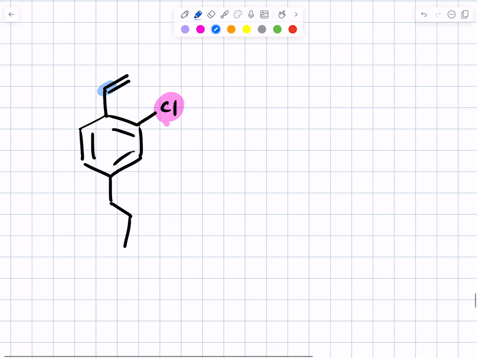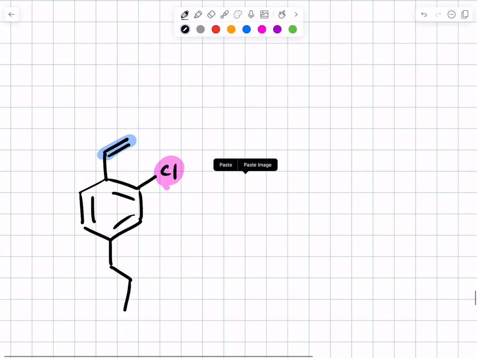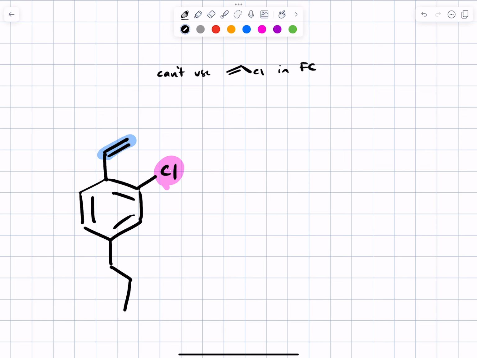For example, looking at that alkene, I'm going to remind myself that I can't use the vinyl halide in a Friedel-Crafts reaction as the electrophile. So there's no way to put that on directly.